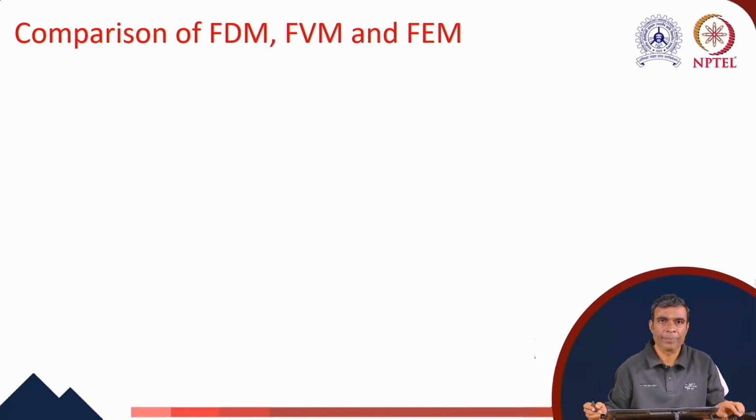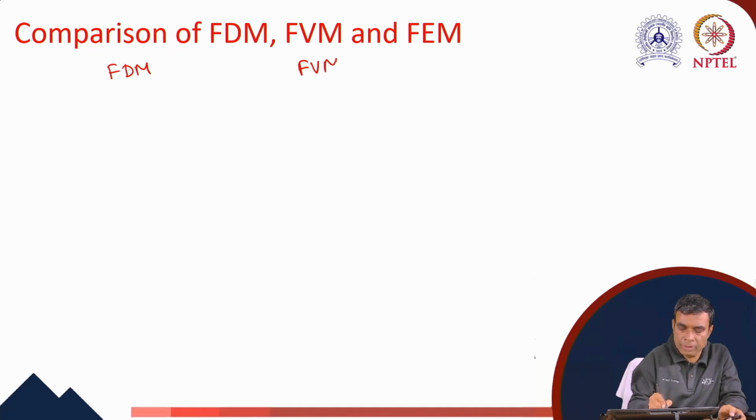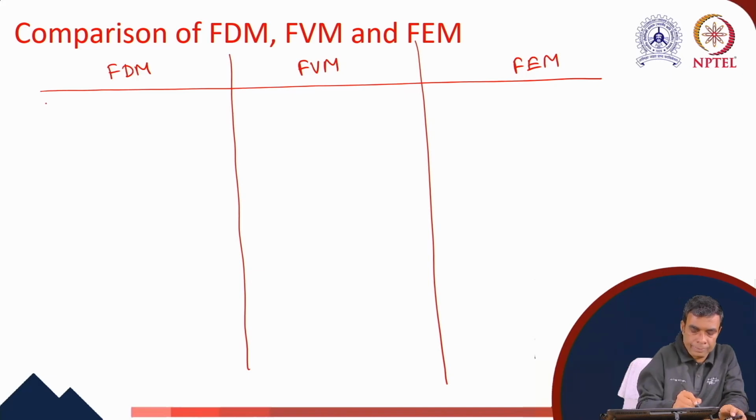So here we provide a comparative account of the three basic fundamental discretization techniques: finite difference method, finite volume method, and the finite element method. So first we go for the finite difference method. Here it is finite volume method, and finally it is finite element method. So FDM is not a variational method.